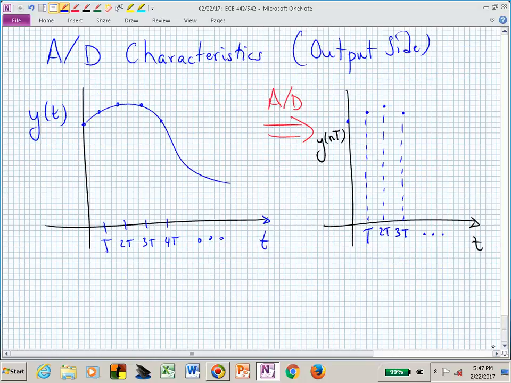And we want to know what kind of dynamics. We're trying to capture this in the continuous time to discrete time setting. Are there any dynamics in this process of going from analog to digital? Now I am just sitting at the output and I'm taking pictures or measuring that waveform at particular instances of time. Is there any kind of dynamics associated with that measurement?